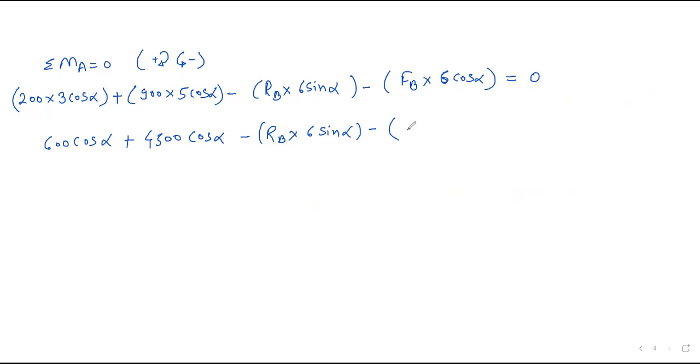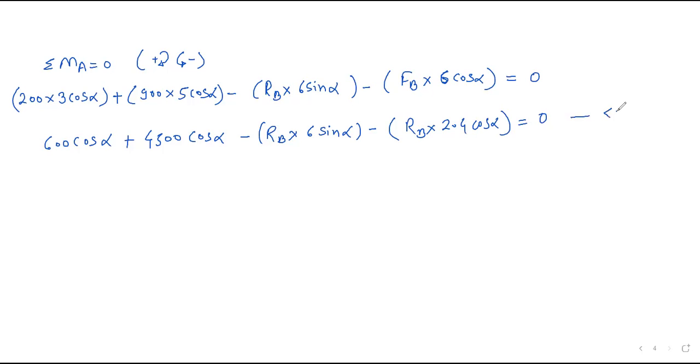Here it is 6 now. So 0.4 into 6, 2.4. It is RB into 2.4 cos alpha is equal to 0.